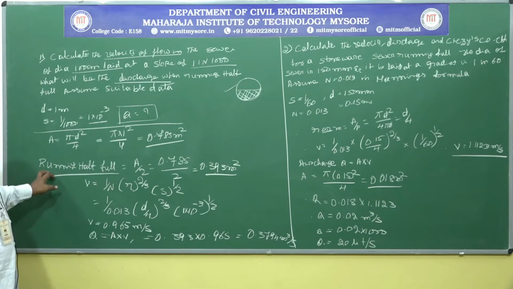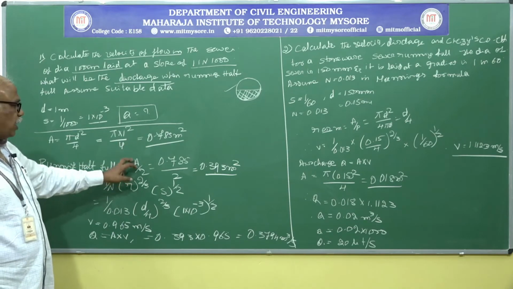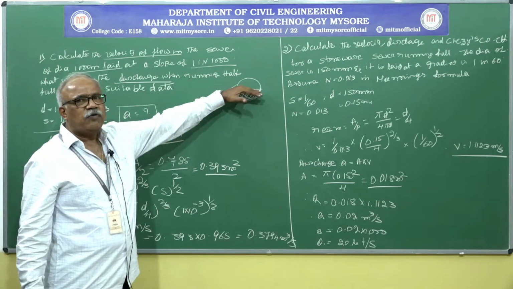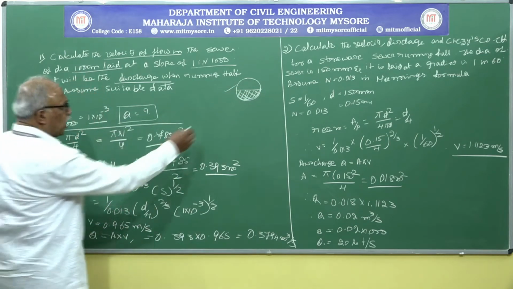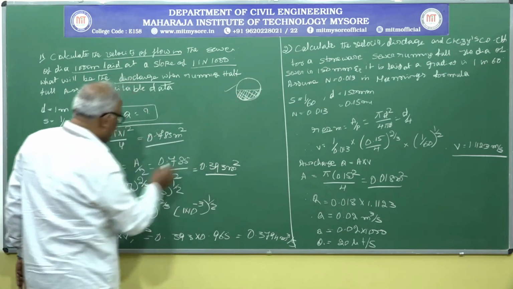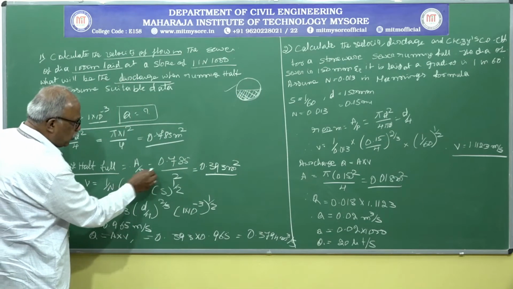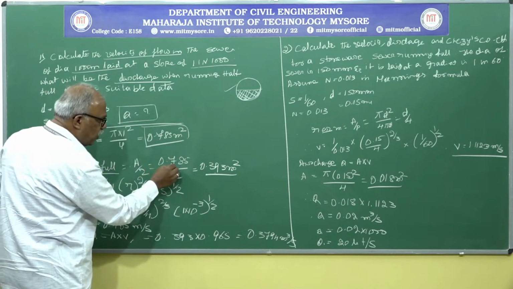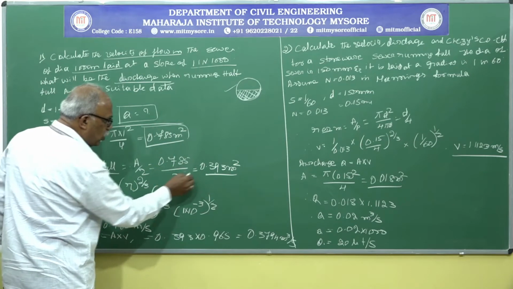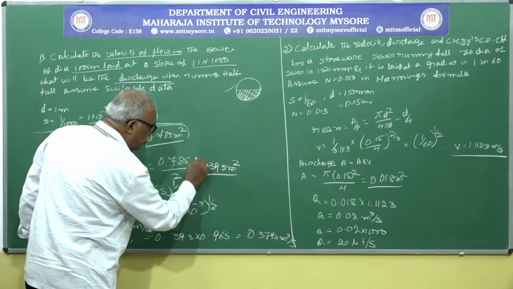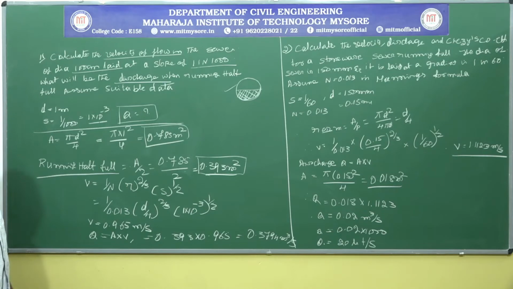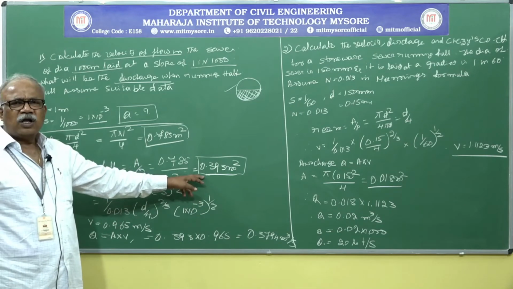So to calculate the area of this flow, A by 2, area divided by 2, because half portion will be flowing. We already calculated the area, 0.785 divided by 2. Finally, we get 0.393 meter square. Are you clear or not?